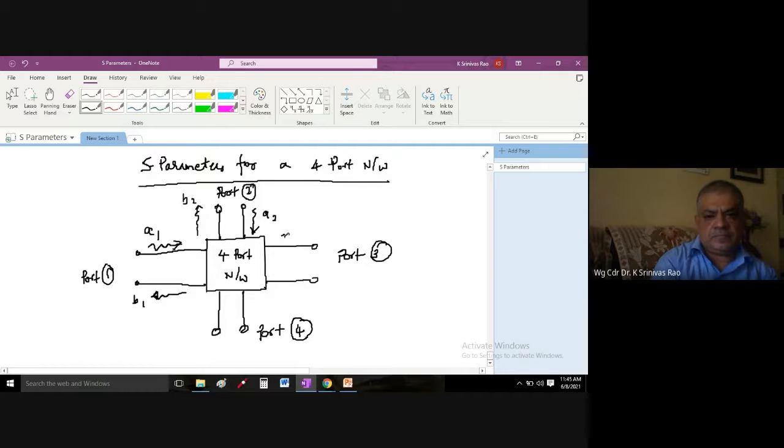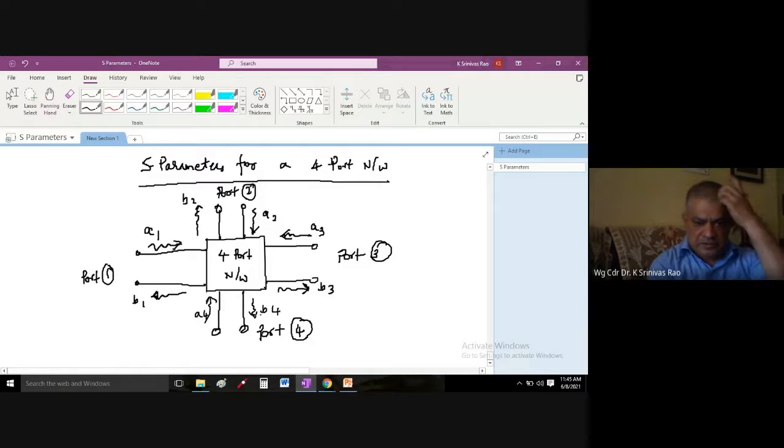At port 3 the incident signal is A3 and the reflected signal is B3, and here also the incident A4 and reflected B4.